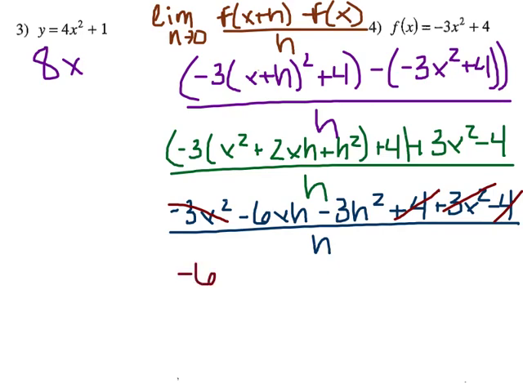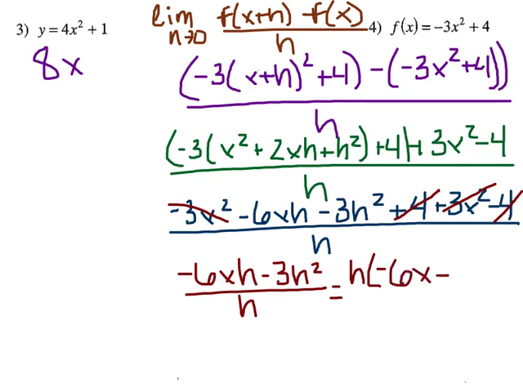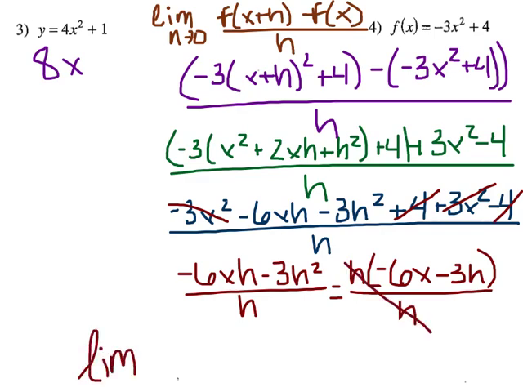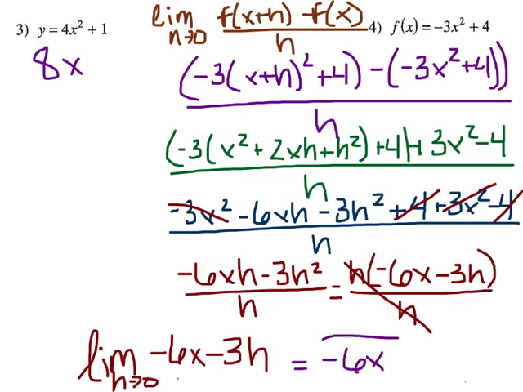And we have negative 6hx minus 3h squared all over h. We can factor out that h at the top. We'll get h times negative 6x minus 3h over h. Our h's will cancel, and we're left with the limit as h approaches 0 of negative 6x minus 3h. We have no domain errors in there, so we can just plug in 0 for h, and we get that the limit equals negative 6x.